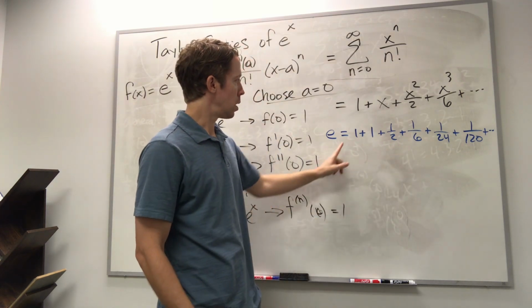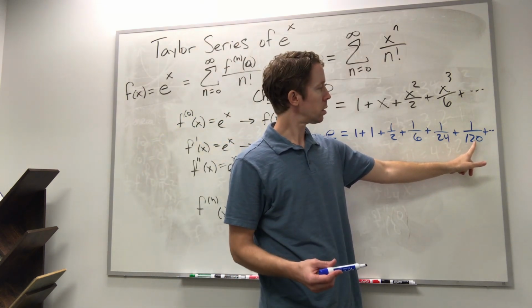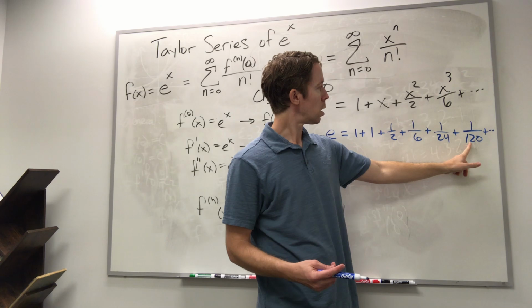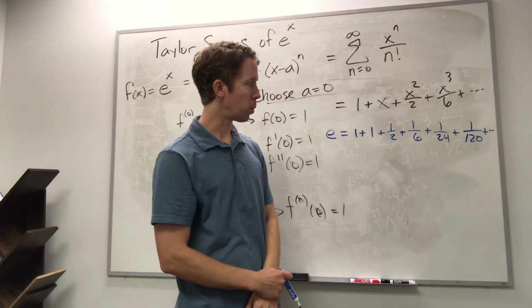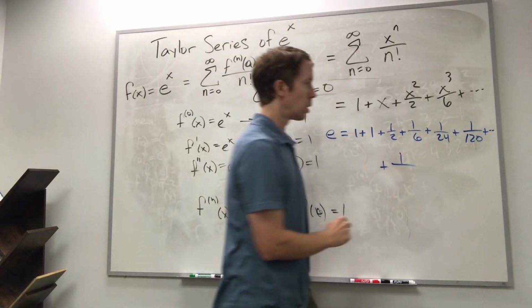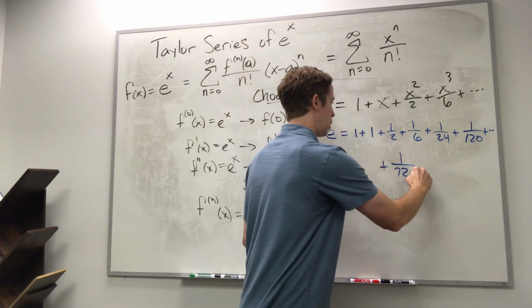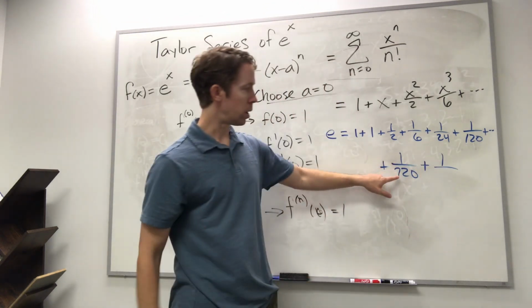Then if I add up all of these terms, the next term after this is going to be 1 over 120 times 6, so that's 1 over 720. And then the next term would be 1 over this times 7.